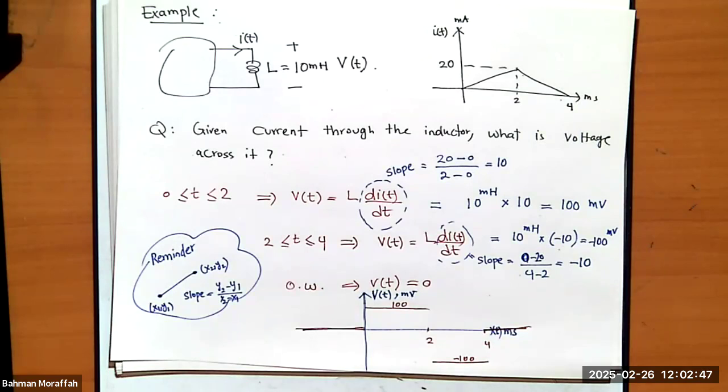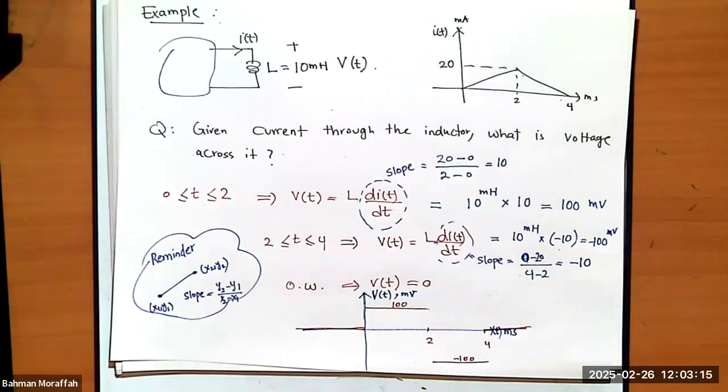A little bit after, it's minus 100. So there's a jump there, which is not true about i. If I look at i at 2, the value is exactly 20. If I approach t equals 2 from left and right, they both meet at the same value.